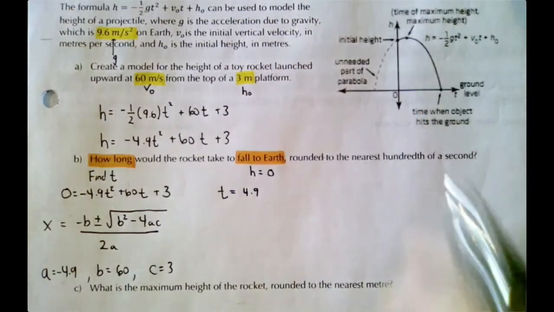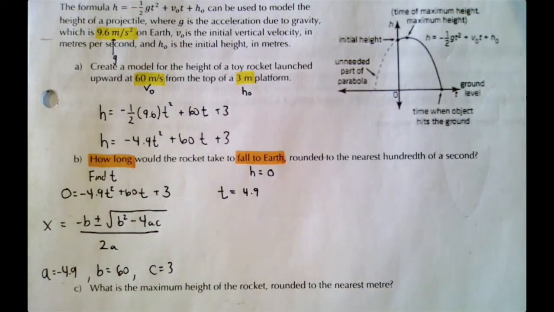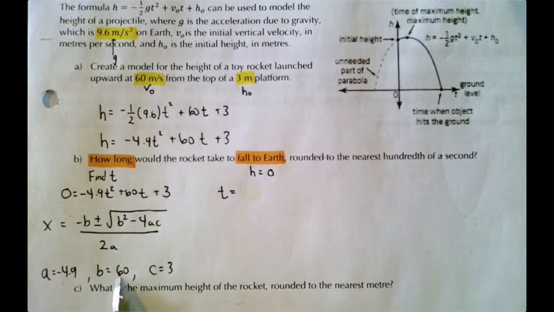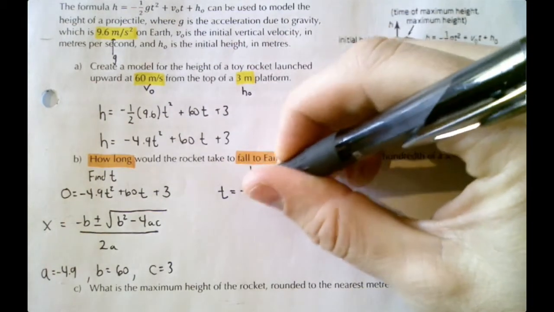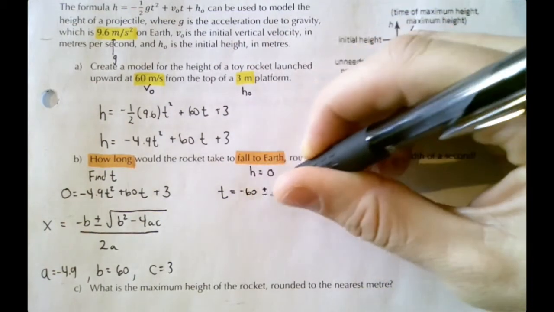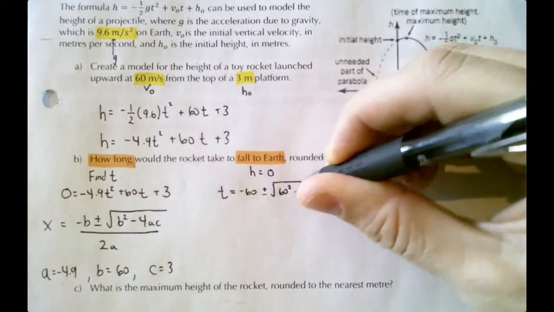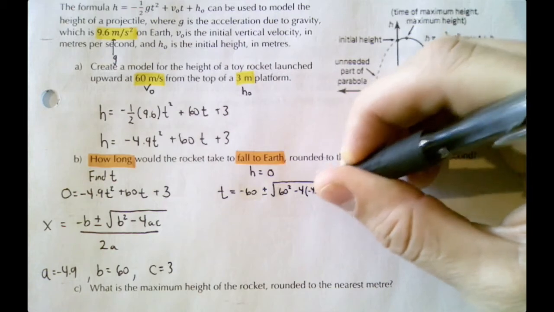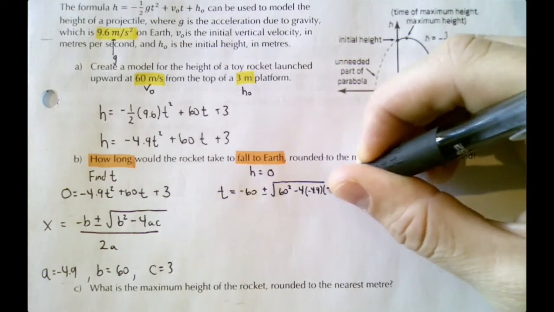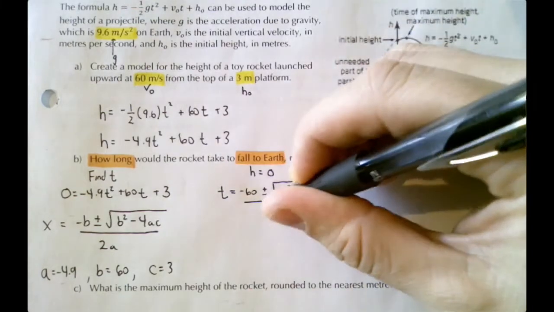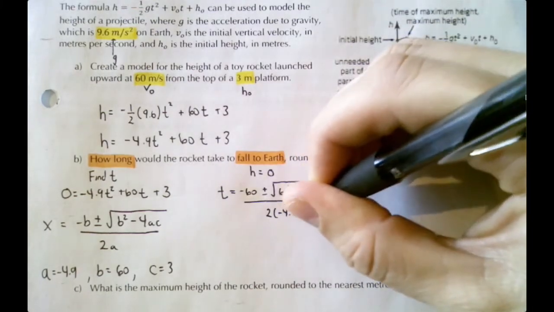Not 4.9, I made a mistake. Negative b, so negative 60, plus or minus the square root of 60 squared minus 4 times negative 4.9 times 3, and that whole thing is divided by 2 times negative 4.9.